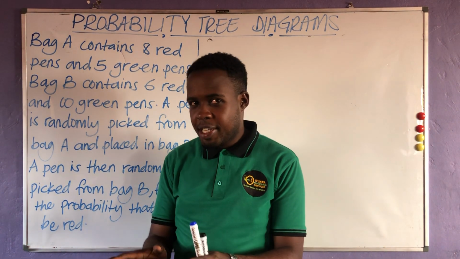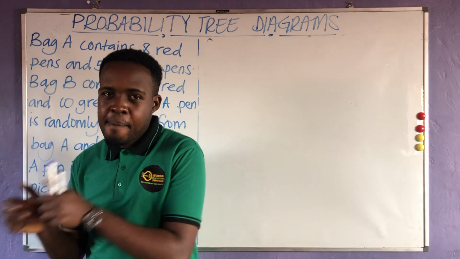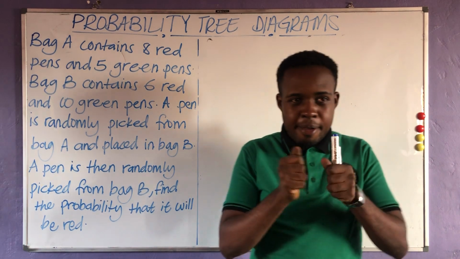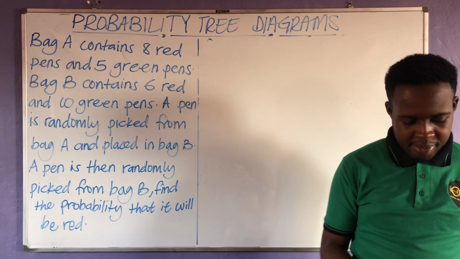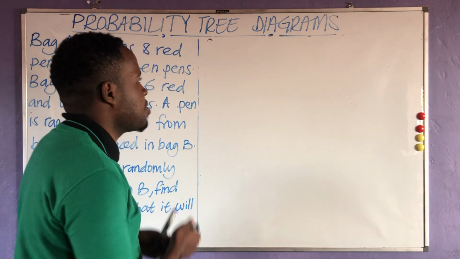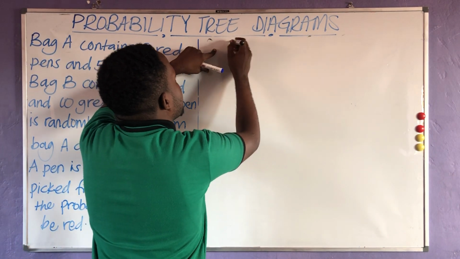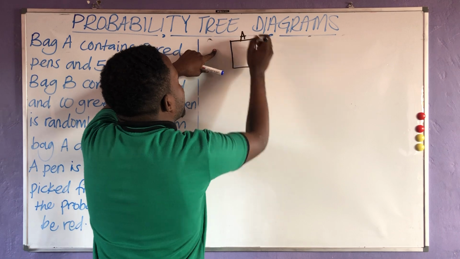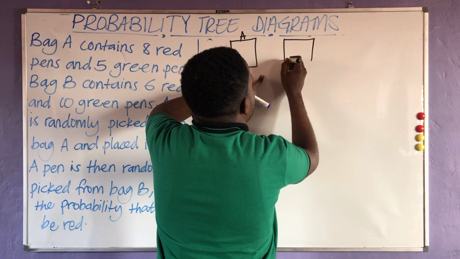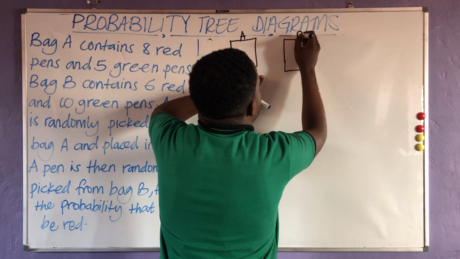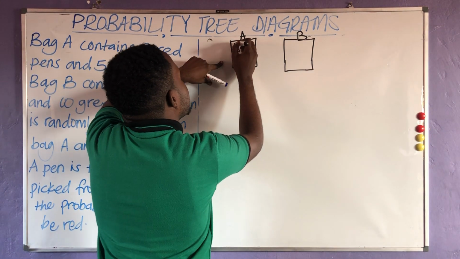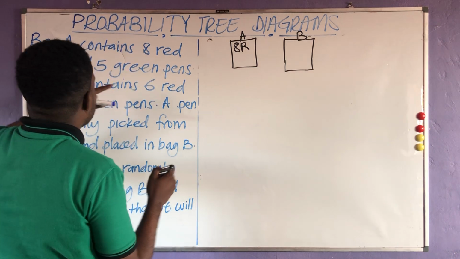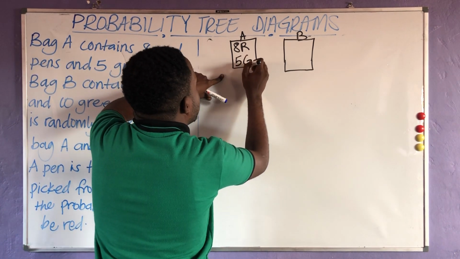So friends, they are picking a pen from bag A and they are placing it in bag B. Then later, they are picking it from bag B. Just try to summarize this information here. We are having bag A, then we are having bag B. Bag A has 8 red and 5 green.